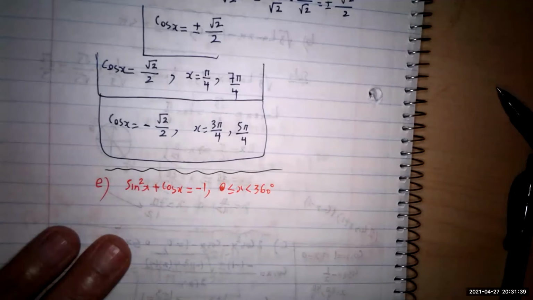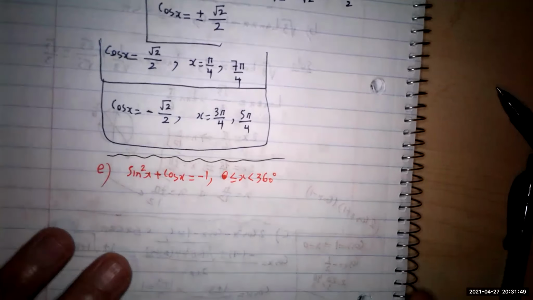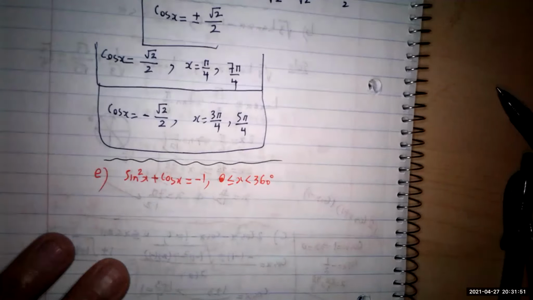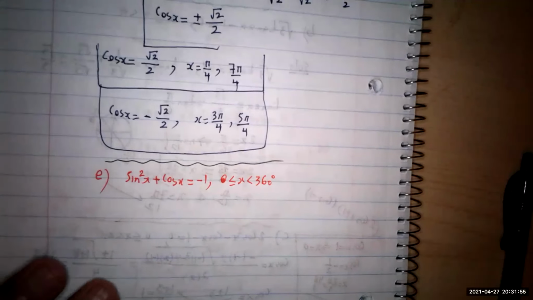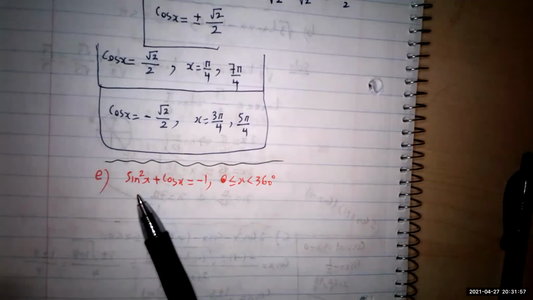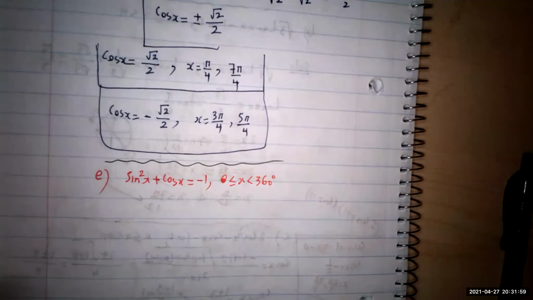There is a possibility that you won't be able to find the exact solution. You may have to use your calculator. Let's see if it's going to be the case. Now, we have the square here, so we want to take care of it by the quadratic formula, but we have a cosine here.